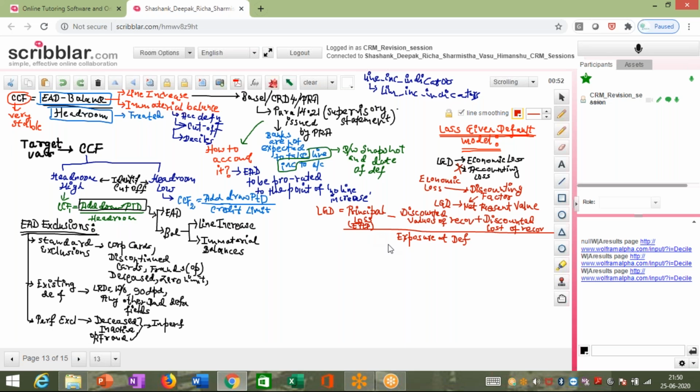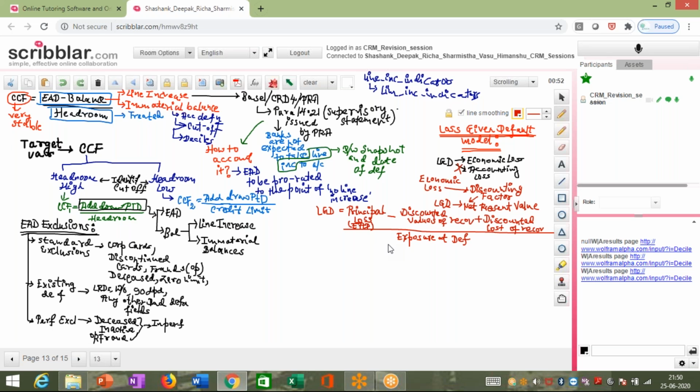Now over here, the most important part is the exposure at default. You have the observed figures of the exposure at default, you have the CCF, and from there you can calculate your exposure at default for the revolving product.